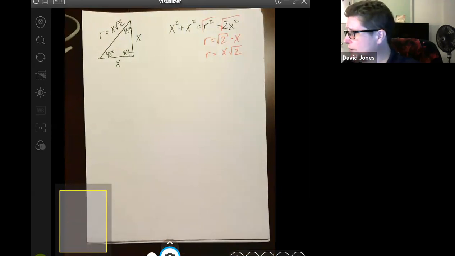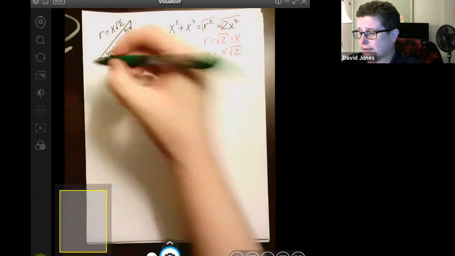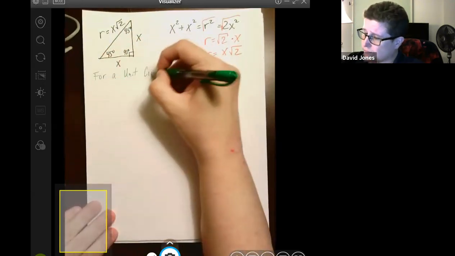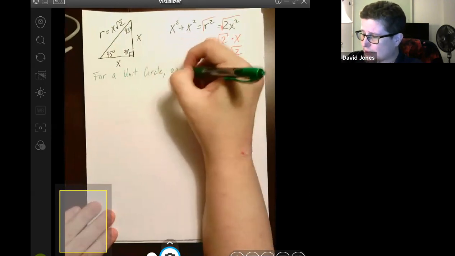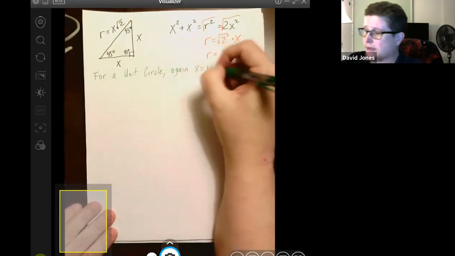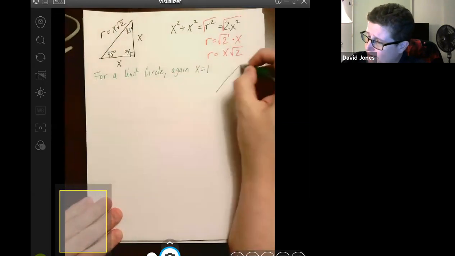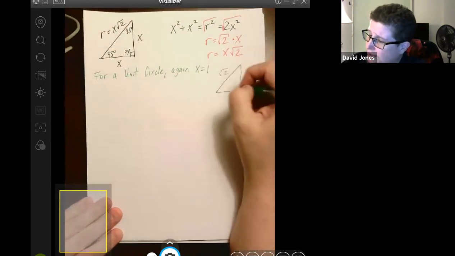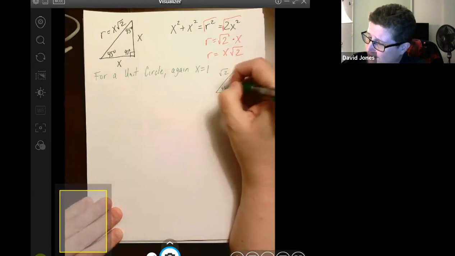So again, we're going to let, for a unit circle, x equal 1. So we have 1 square root of 2. This is 45. This is 45.